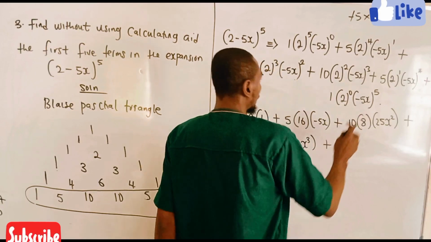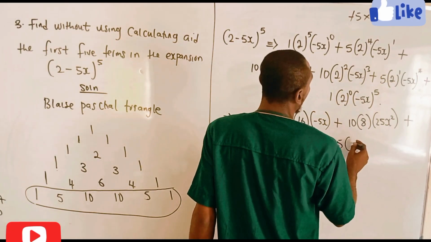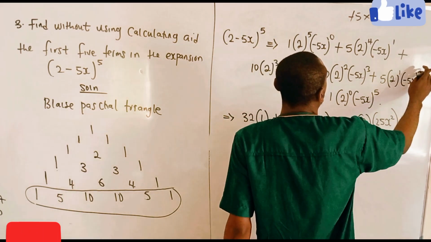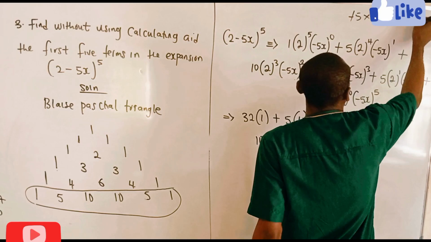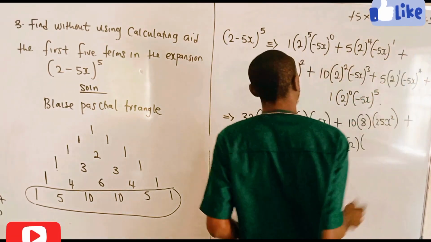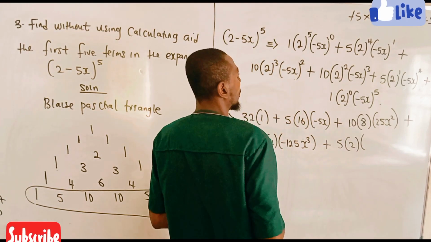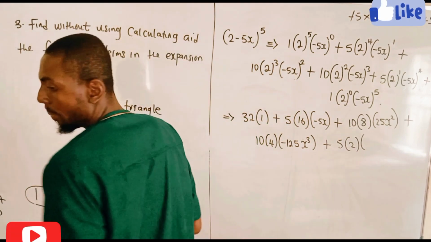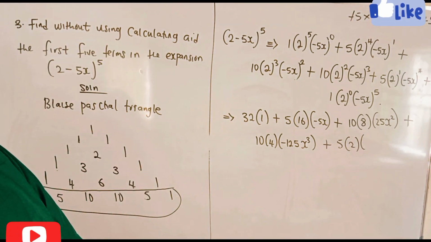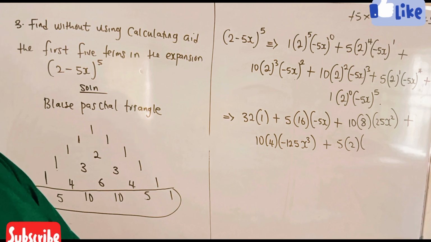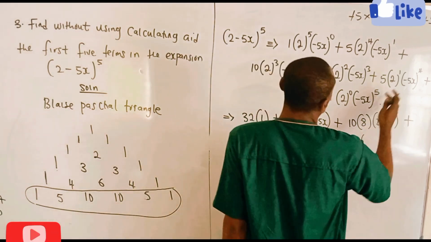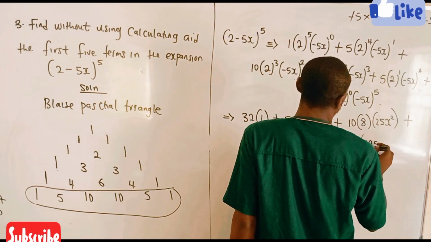So we have plus 5 into 2 raised to the power 1 is 2. Of course, this is an even number, just like saying minus 5 raised to the power 4 is times another minus 5. This minus will now multiply this minus, it will cancel it off to give us plus. Okay, so that we can have 5 raised to the power 4 to give us 625.